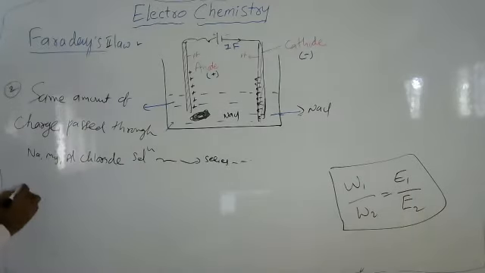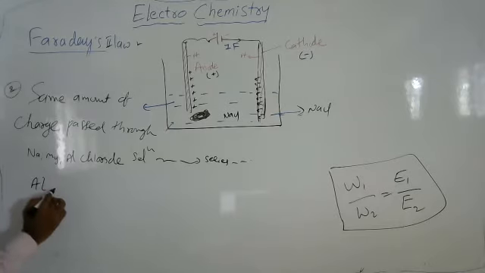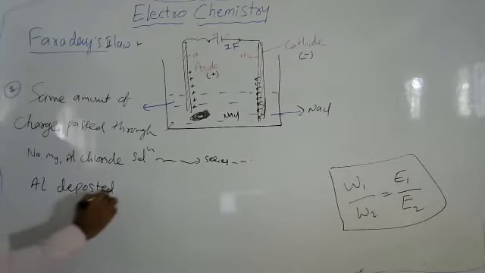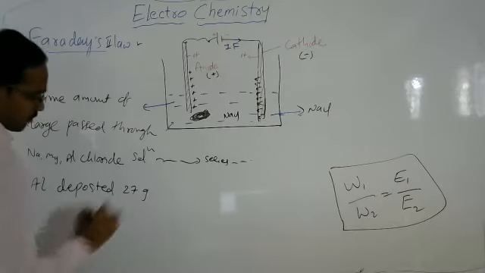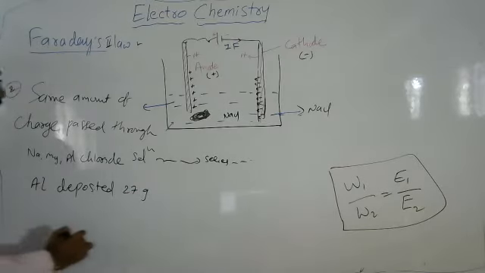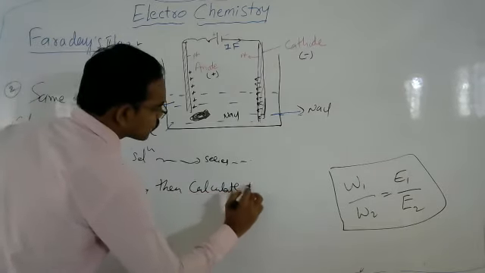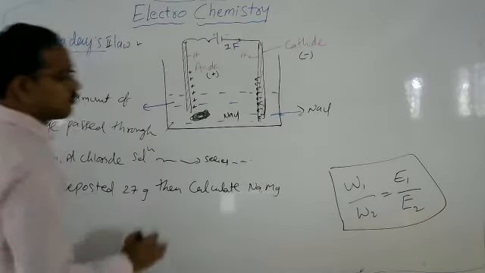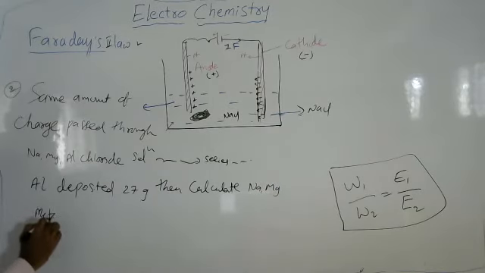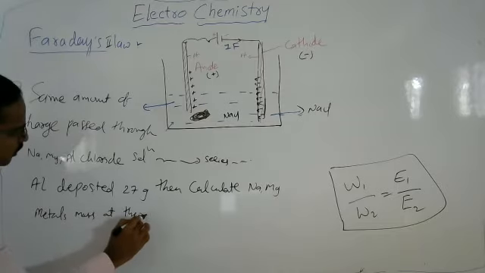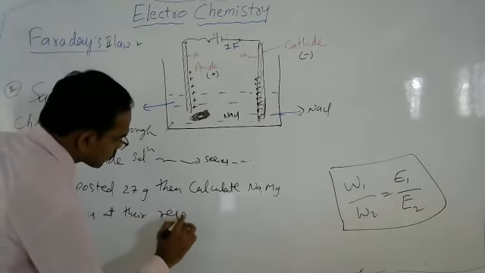Now, aluminum deposited 27 gram. Then calculate sodium and magnesium metals' mass at their respective electrodes.